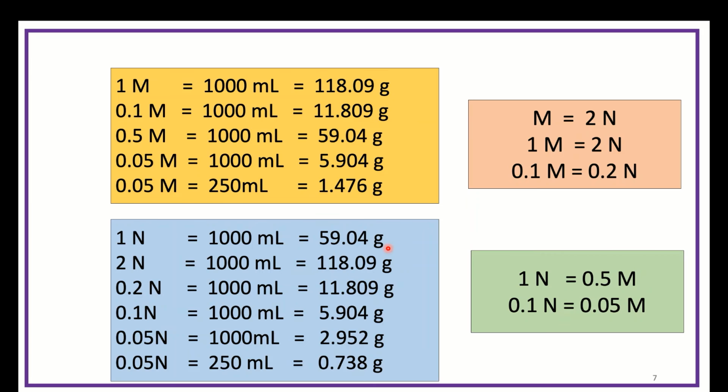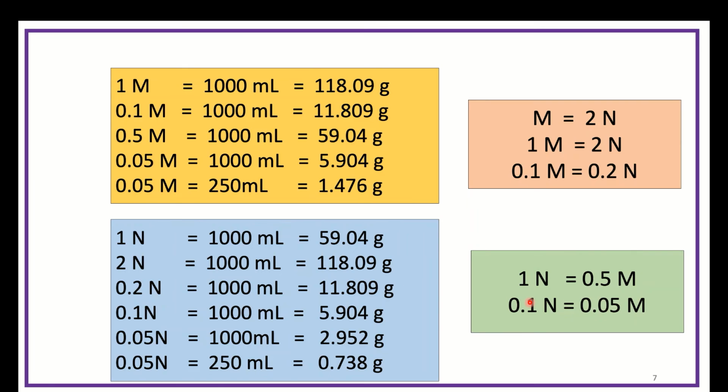Taking the same 59.04 grams in 1 liter of solution gives a 0.5 molar solution. So we say that when we prepare a one normal solution, it is half the molar solution.